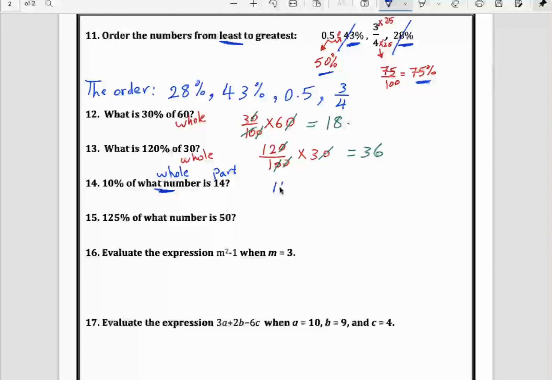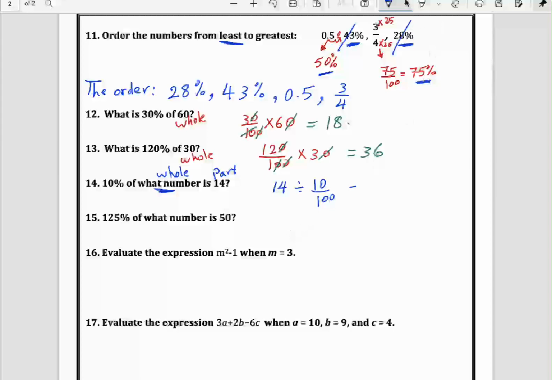So divide 14 divided by 10%. And 10% is 10 over 100. So I will erase the percent sign from here and I will write it 10 over 100.